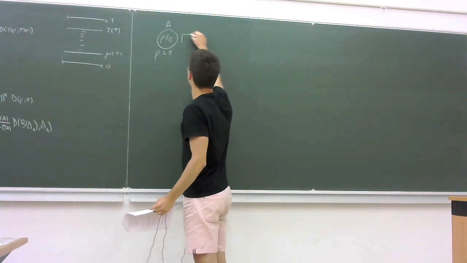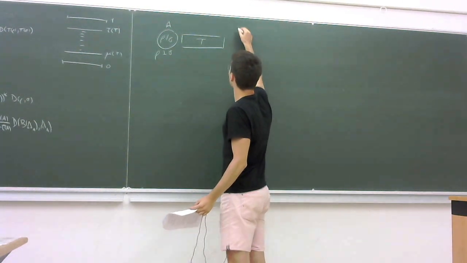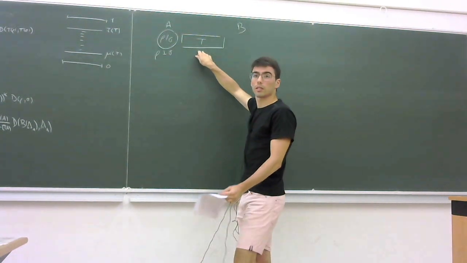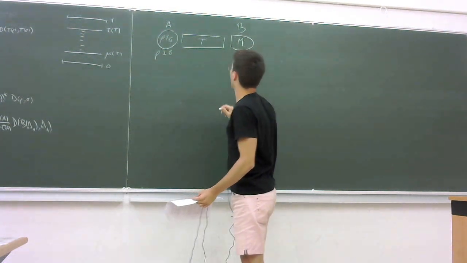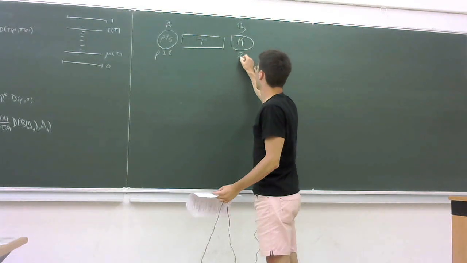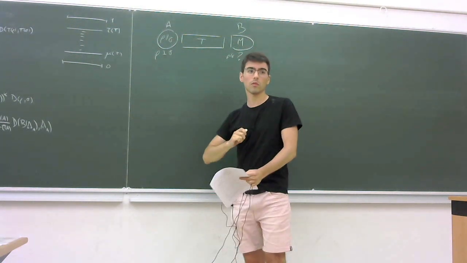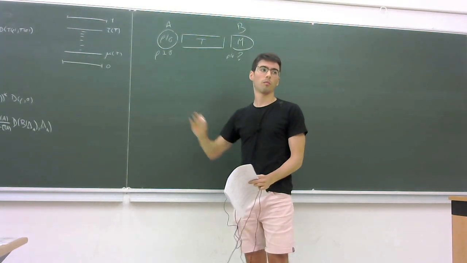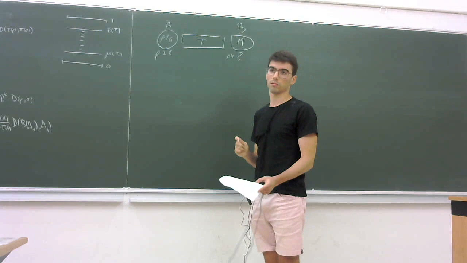Alice will take one of these states and send it to Bob through the quantum channel T, and now Bob will measure and try to guess, was it rho or was it sigma? That will be the game. Bob wins if he guesses. Alice wins if Bob doesn't guess.